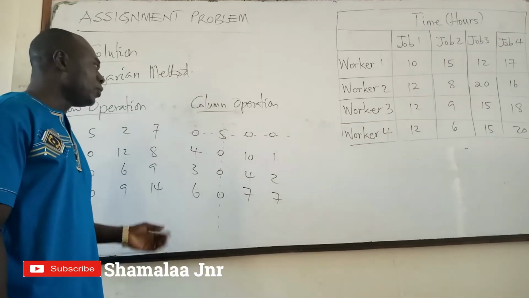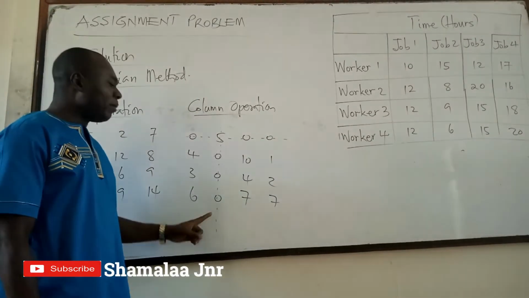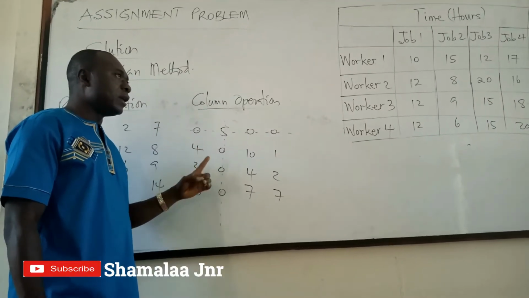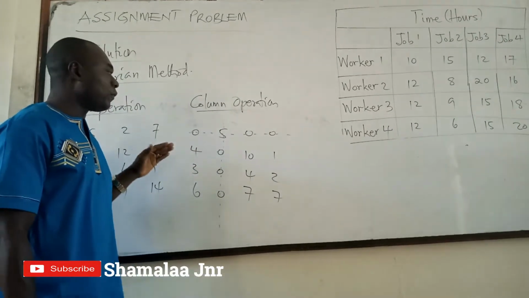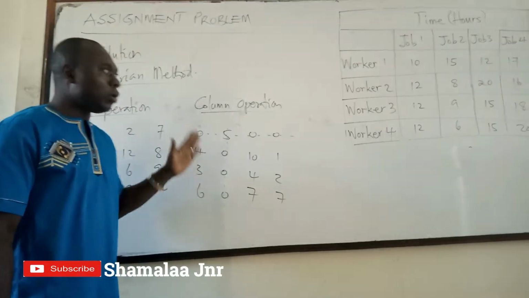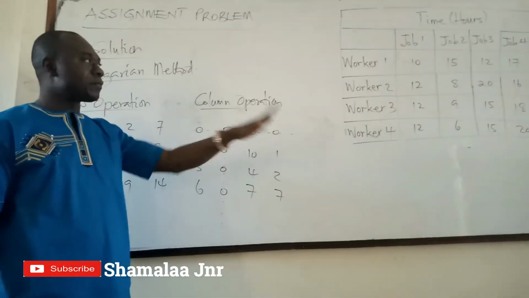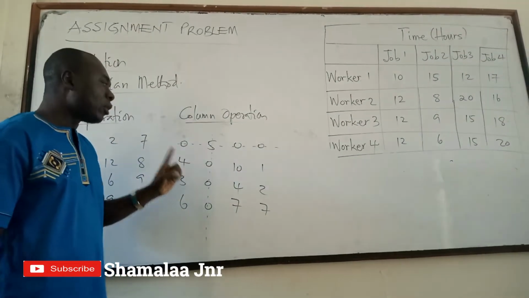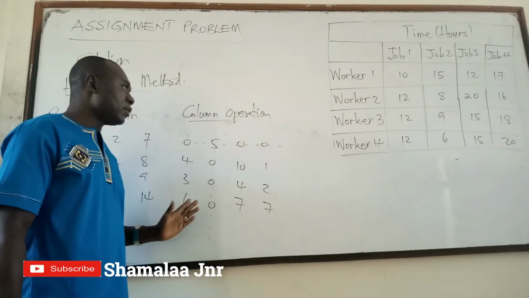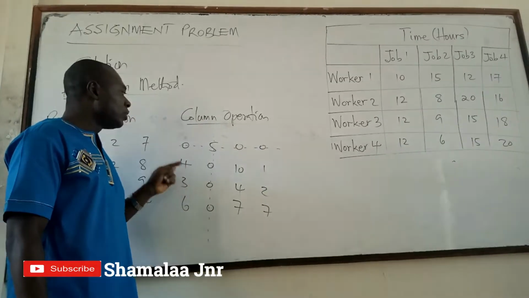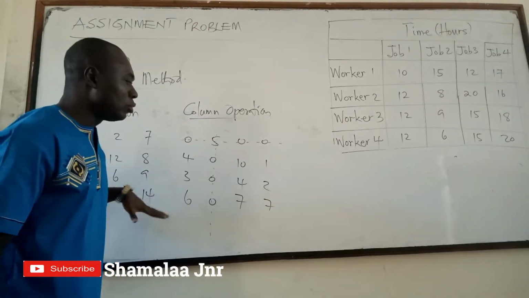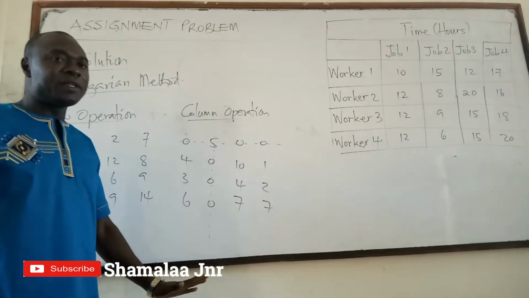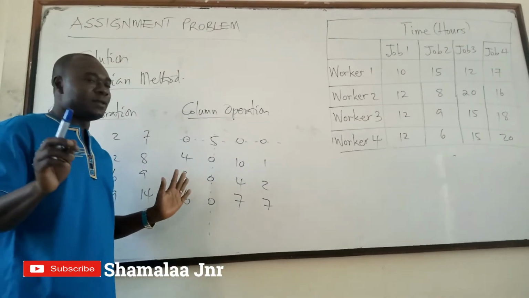Now when do you stop? You stop when the number of lines you have used to cross out the zeros is equal to the number of rows or columns, or jobs or workers in this case. When the number of lines is equal to the number of rows or number of columns, then you can stop and start doing the assignment.